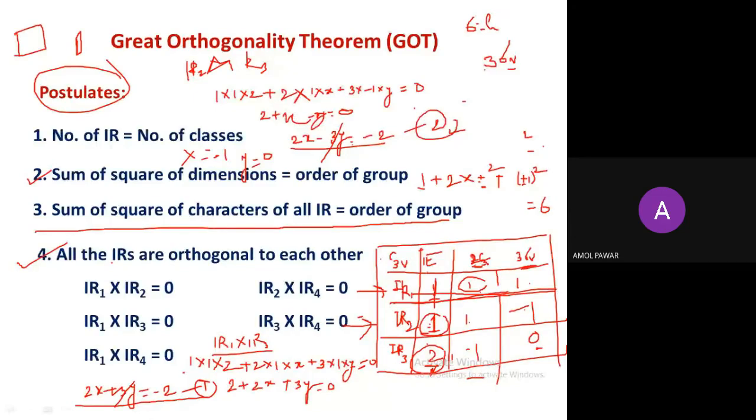Yes, sir. Okay. Now, as I told you, in the character table the first part is the point group, the second part is the symmetry elements, and the third part is the Mulliken symbols of irreducible representations. If you see the character table in any inorganic book, IR1 or IR2 is not written there.